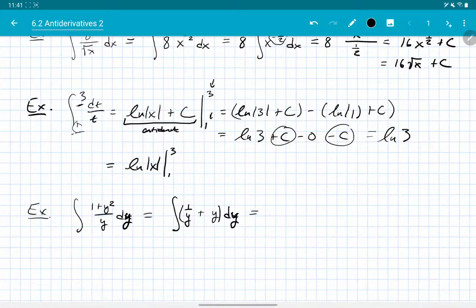So this allows us to say, okay, 1 over y becomes the natural log of the absolute value of y. y becomes 1/2 y squared. And then we need the additive constant tagged down at the end, no matter what.